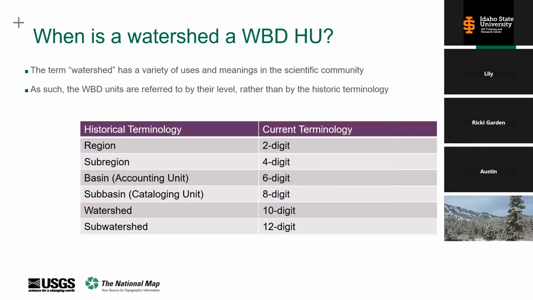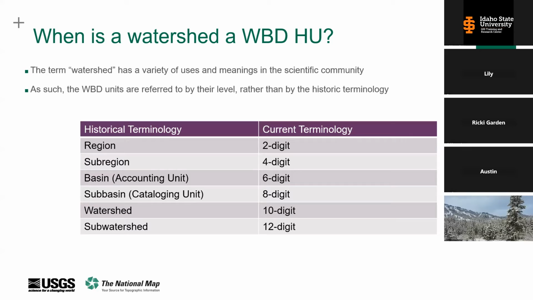Now, in this table, those correlate to our current terminology. So the region we're now referring to as the 2-digit hydrologic unit. The subregion is the 4-digit hydrologic unit. The basin is the 6-digit hydrologic unit. Subbasin is 8-digit, watershed is 10-digit, and subwatershed is 12-digit.